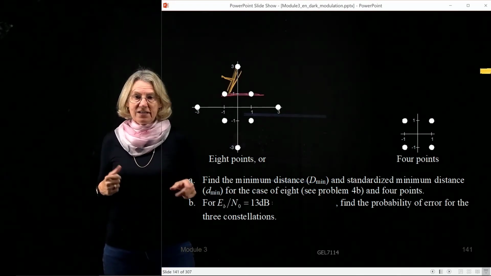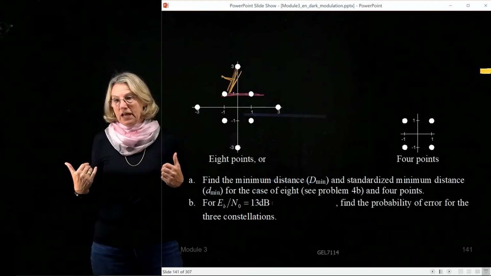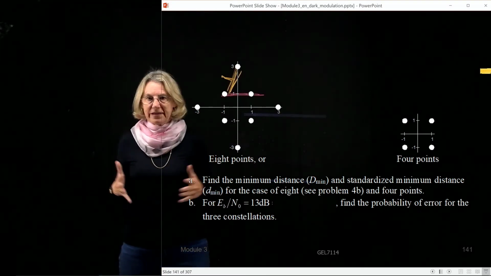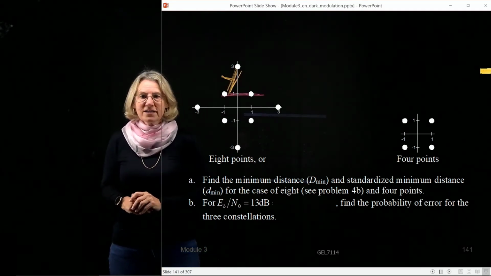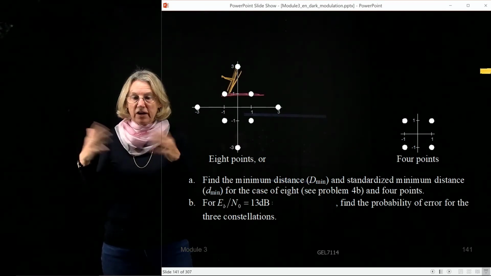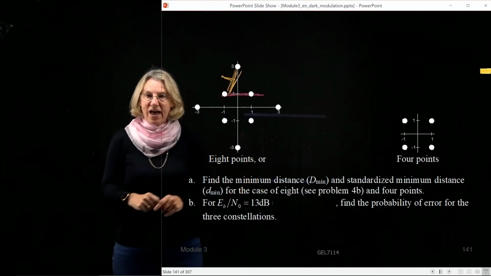The second part of the question is the small d-min. And the small d-min is all about normalizing it to get rid of the Eb/N0 and be left with a dimensionless quantity. And then the last part, the B part, is to find the probability of error. I don't say here directly to compare it to QPSK.